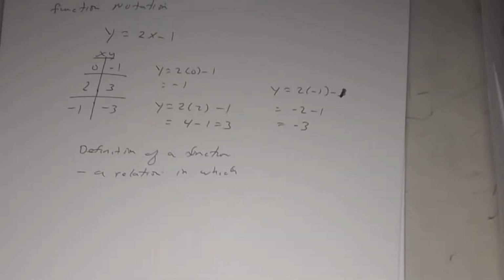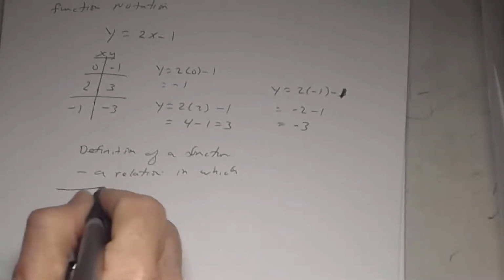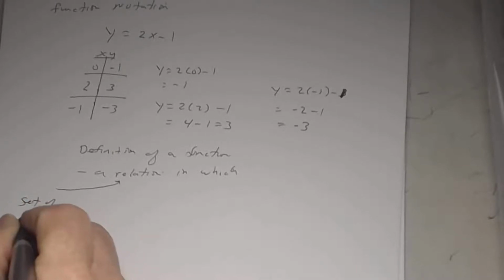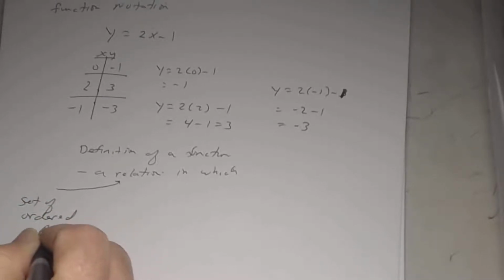So everything we've graphed, all those lines, were a set of what? Ordered pairs. So everything we've done were relations. All those equations are relations. A relation is just a set of ordered pairs. Everything we did last week, everything we did today is a set of ordered pairs. So everything we graphed was called a relation. But not all of them were a function. There were some that were not a function, and you're going to see which ones.